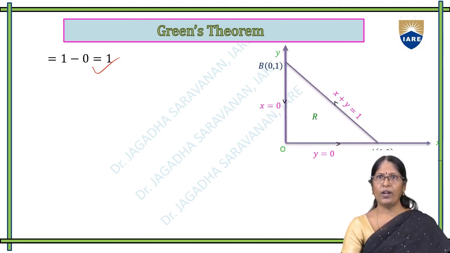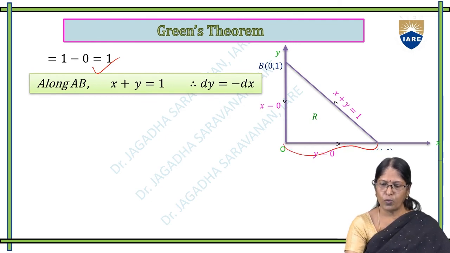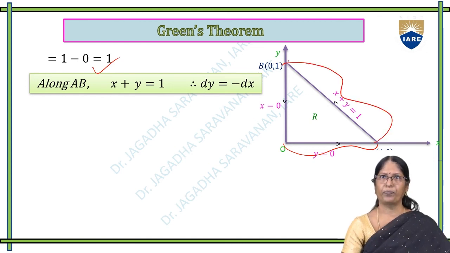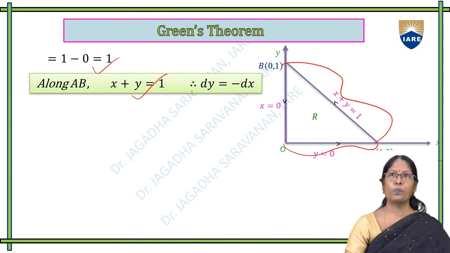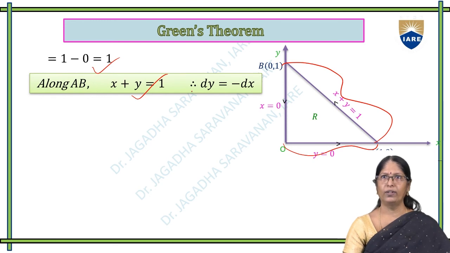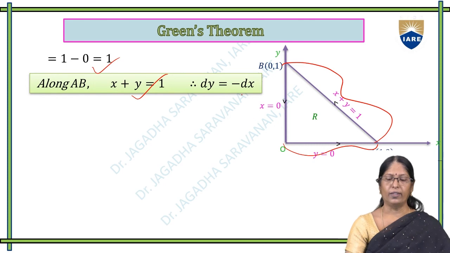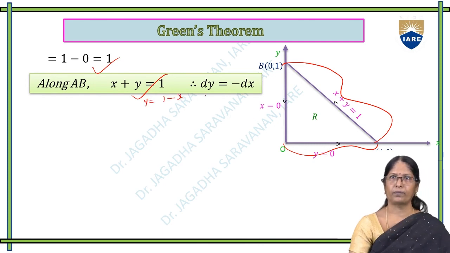This calculation is completed. Now we will move from A to B. When we are moving from A to B, the equation is x plus y equal to 1, that is here y equal to 1 minus x.